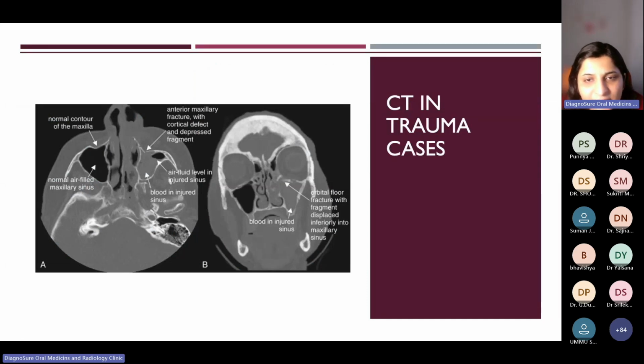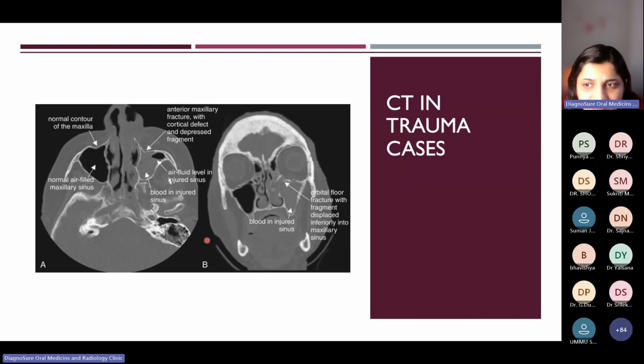Now, CT in trauma. CT scan also has a crucial role when we are talking about trauma, in diagnosing and managing facial fractures and other traumatic injuries. Its ability to quickly produce detailed images of bone and soft tissues makes it invaluable in acute trauma situations where the diagnosis is critical. Also, it is very fast, so it can be used in emergencies.